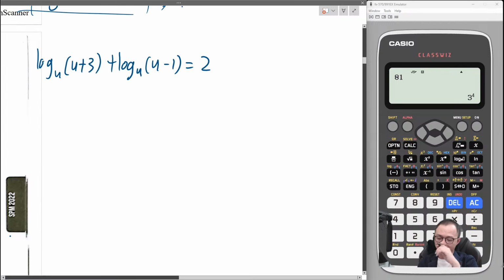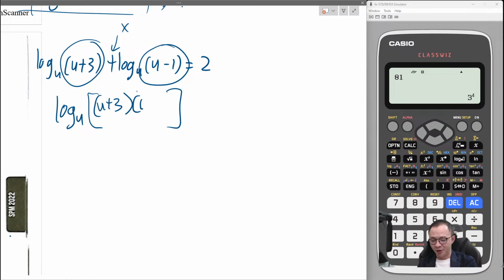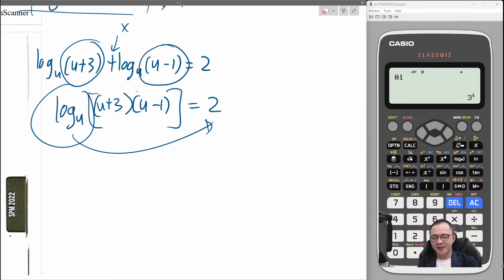Okay, so we factorize out the log u. Then based on the formula just now, we know if we factorize out whatever thing here, they will multiply each other, right? Because the middle is a plus. Plus will change to multiply. So this is u plus 3 times u minus 1 equals 2. Log u throw to the other side, u becomes the base, the 2 here becomes the power.